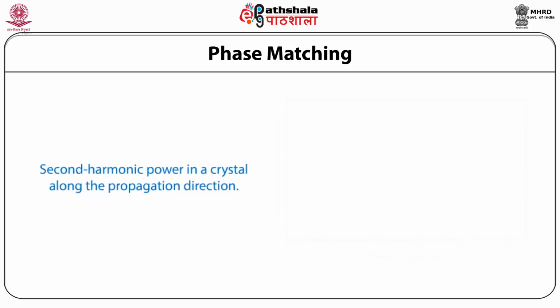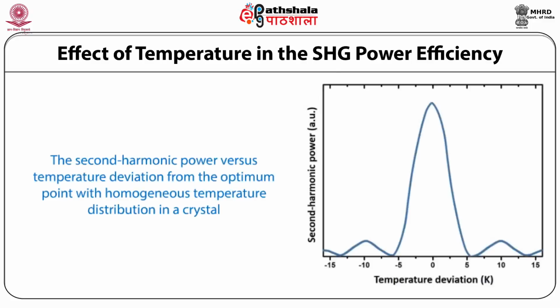The dashed curve represents the power during non-phase matching, with the second harmonic power oscillating between 0 and a small value. Effect of temperature on the SHG power efficiency.